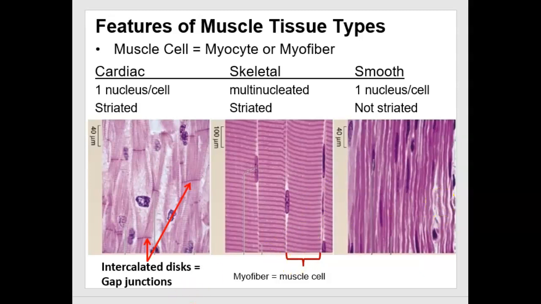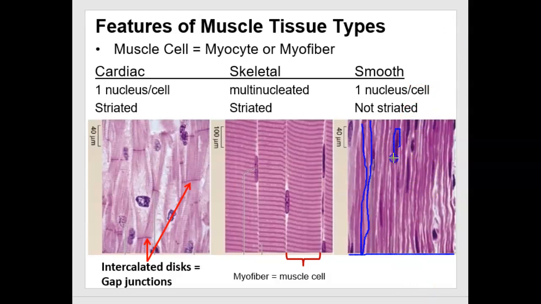Smooth muscle tissue is harder to recognize, specifically because it's hard to see the individual cells. You don't see the cell membrane as easily. These are elongated myocytes that run pretty long along the length of the wall of an organ. And the nucleus reflects the shape of the cell.